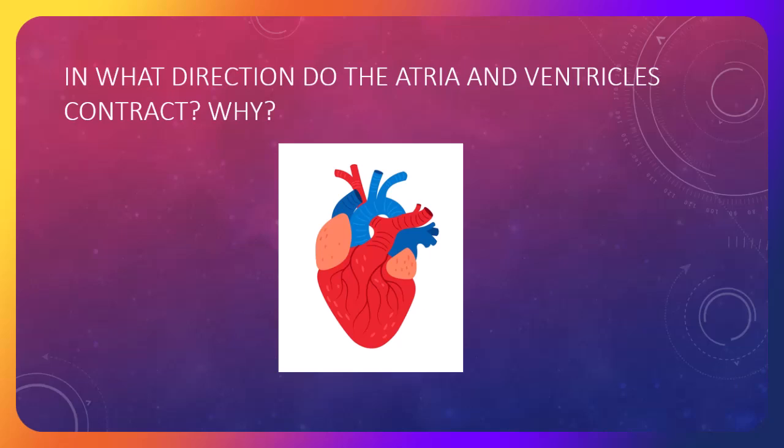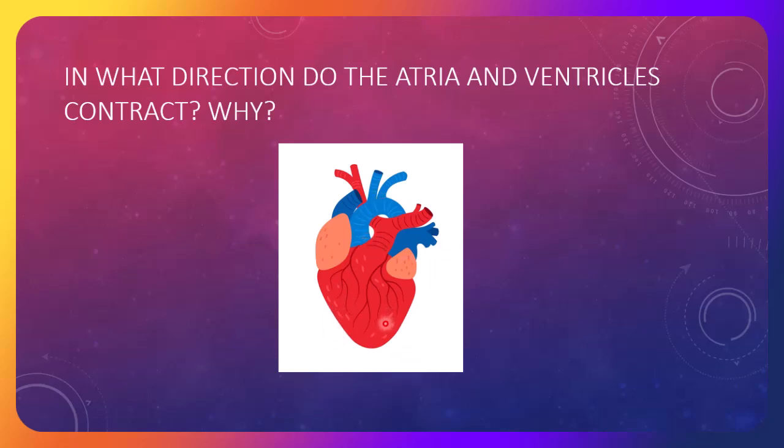Perfect. Because remember now, as we go here, let me get my laser pointer so both of you can see. Here is our atria. Here are our ventricles. Remember, the atria is sending blood this direction. The ventricles are sending blood this direction.